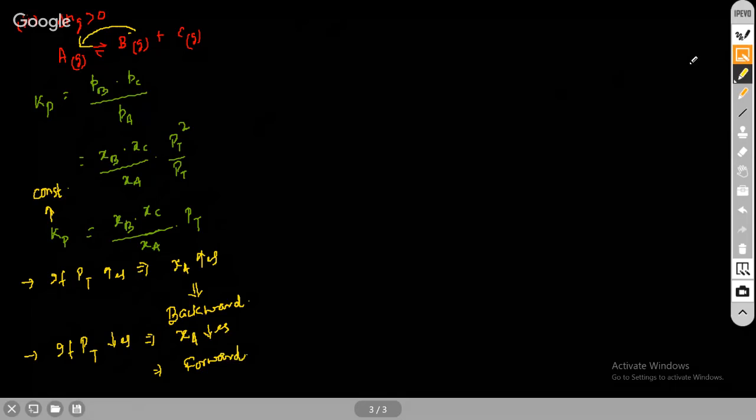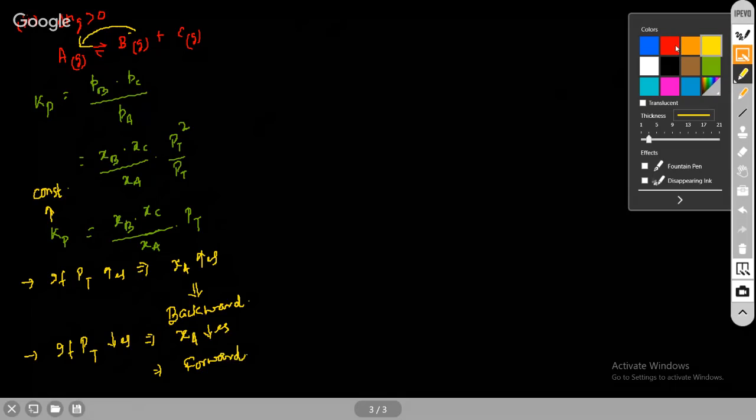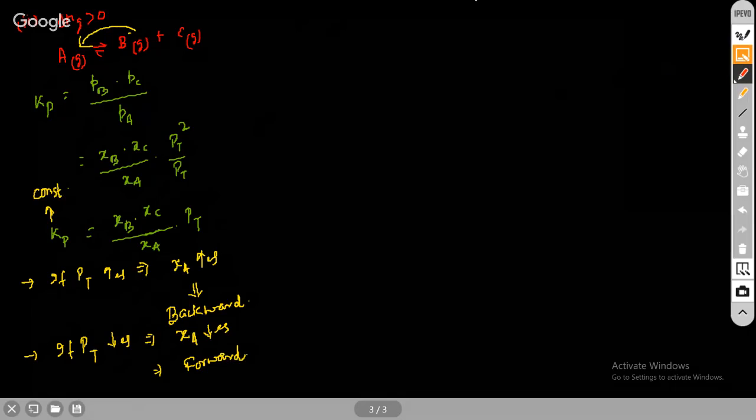Now the same thing we have to do in the last case, where the reaction has del Ng value less than 0. Suppose the reaction is A gas plus B gas gives C gas, del Ng value less than 0.